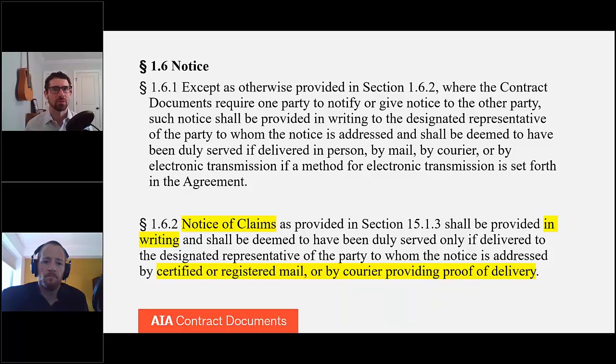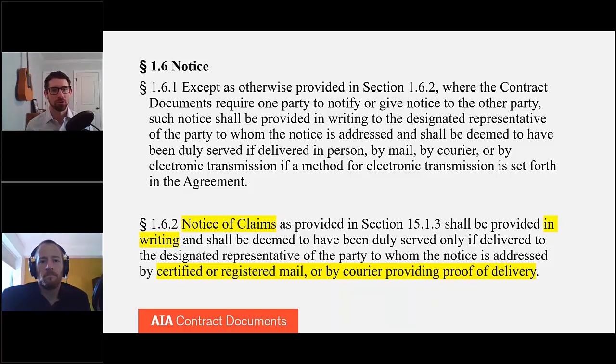And it's also, if you notice, it separates out in-person delivery as well. And that's so that if you're having a project meeting, even though it does need to be in writing, if you're doing it by certified or registered mail or courier providing proof of delivery, there is a date and time stamp on those types of delivery methods.